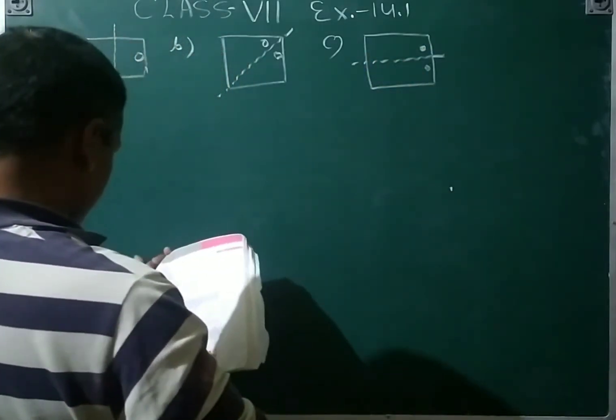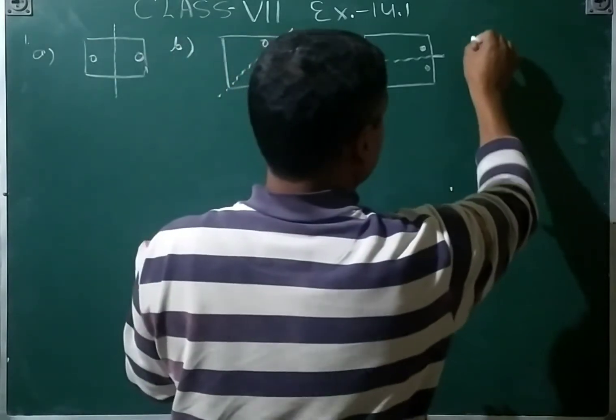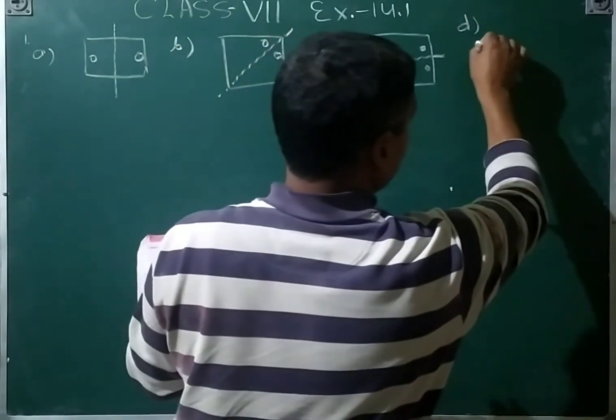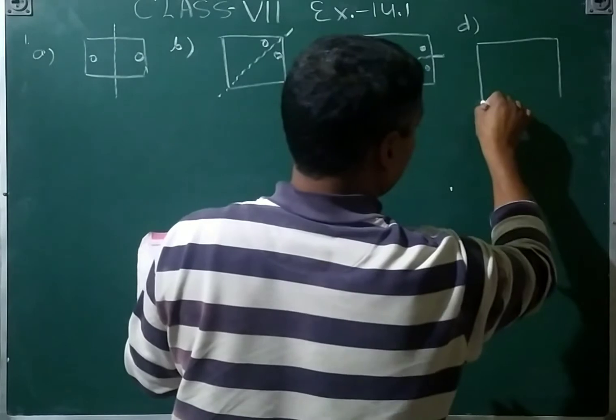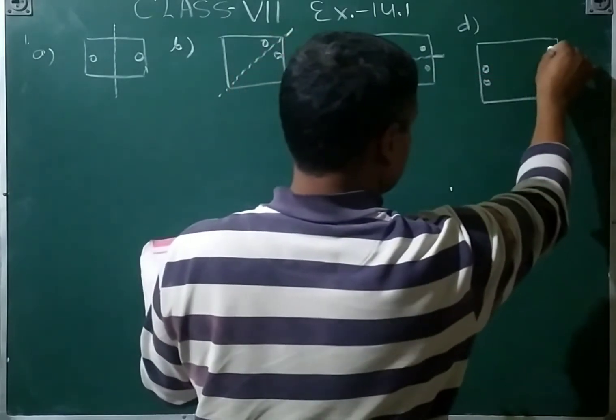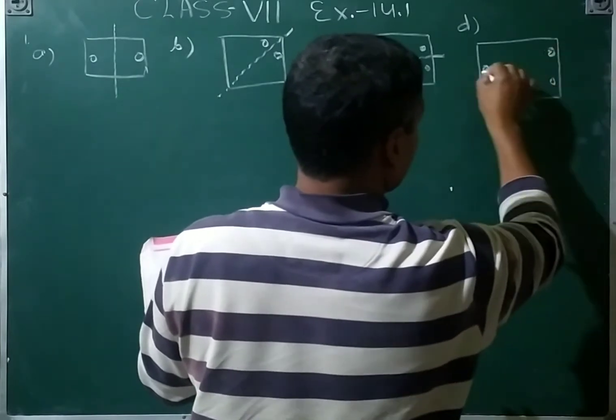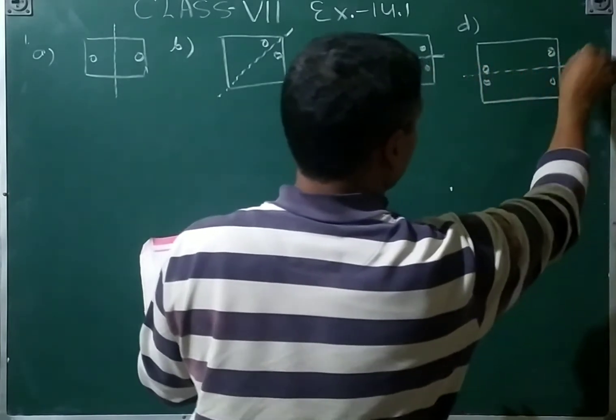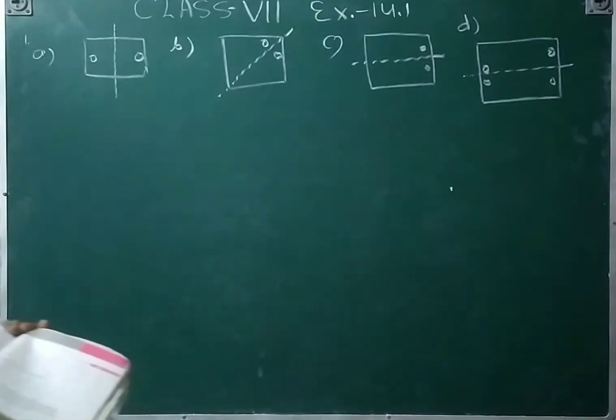And then D part also. The same diagram is there, but the punches are placed like this. So the symmetry line will be that one. This is the horizontal line.